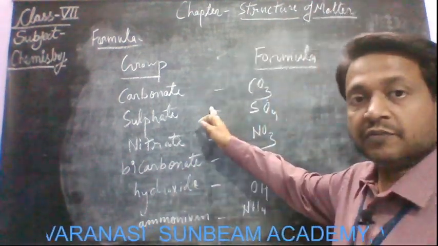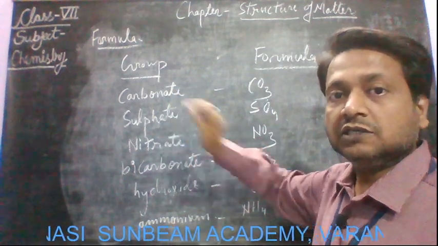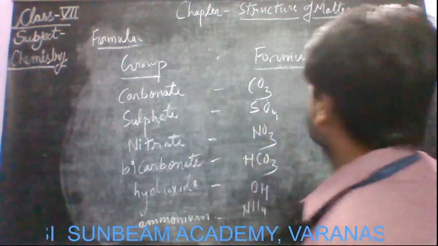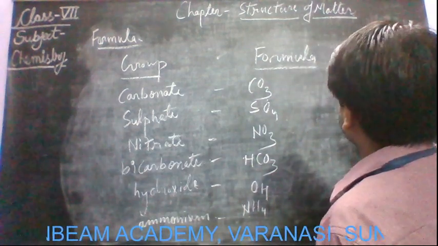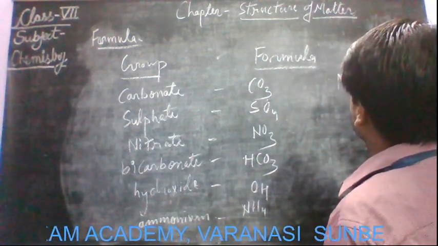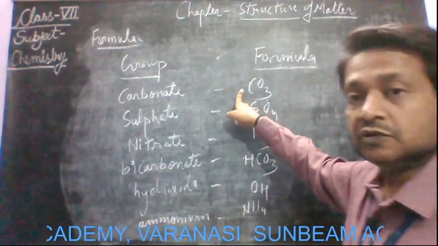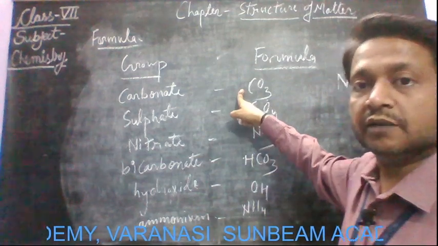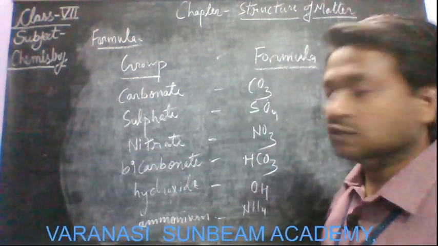Just take the examples of some of the compounds which are formed by using these groups. When this carbonate group gets joined with sodium, it will form sodium carbonate, NaCO3.